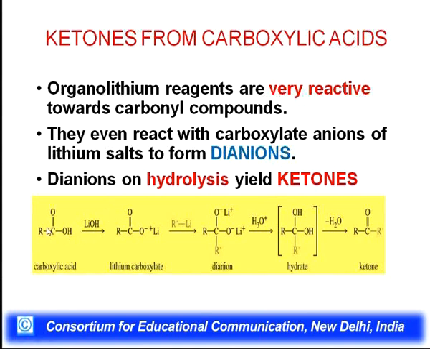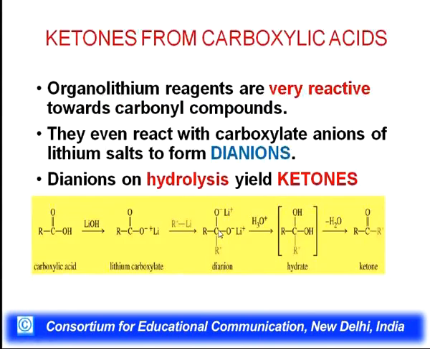When we treat this carboxylic acid with lithium hydroxide, we get a lithium carboxylate. Then when we treat this lithium carboxylate with alkyl lithium, this oxygen, being more electronegative, will pull the electrons towards itself and form a bond with lithium, resulting in the formation of a dianion.